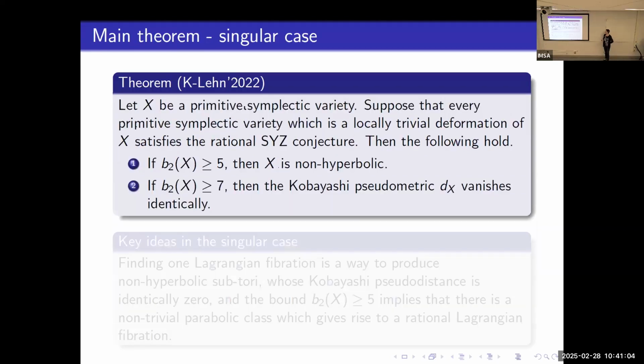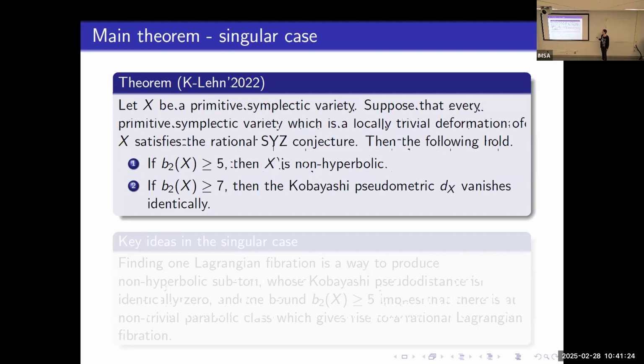And together with Christian Lehn, we proved a version of our theorems in the singular case. So first, we want to assume that the rational SYZ conjecture is always satisfied.